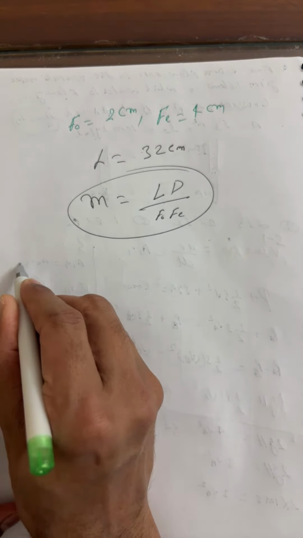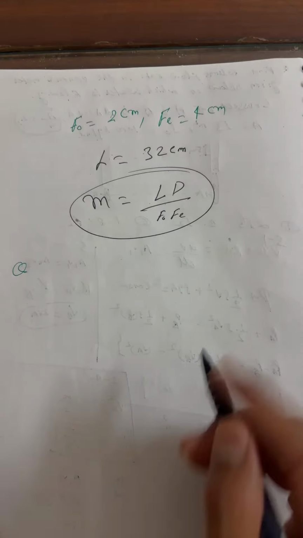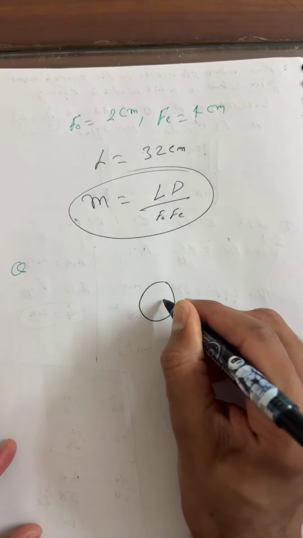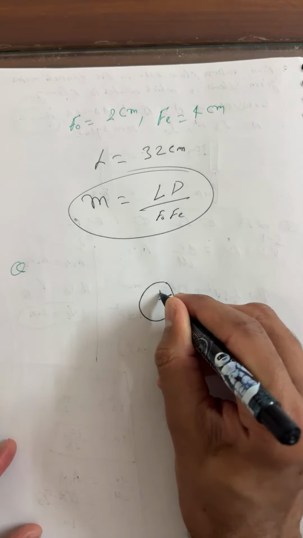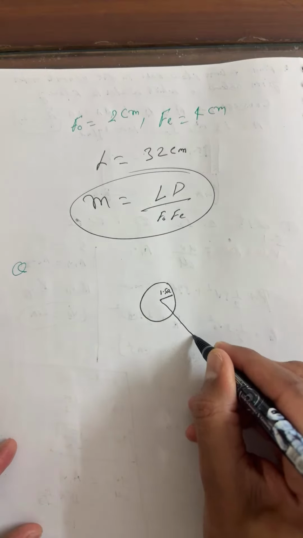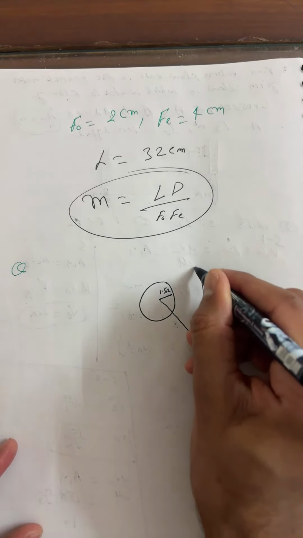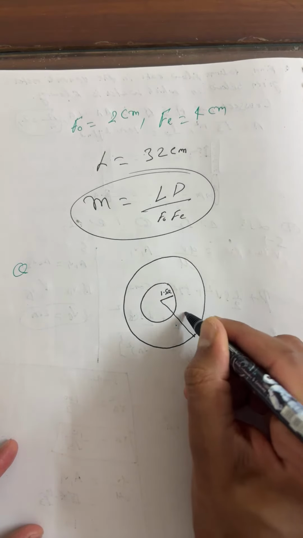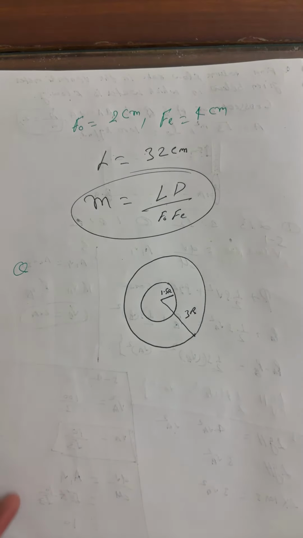So what's the next question, student? There is a planet, right? Initially, the planet is revolving at a radius of 1.5 R. After some time, what says the question? It becomes 3R.